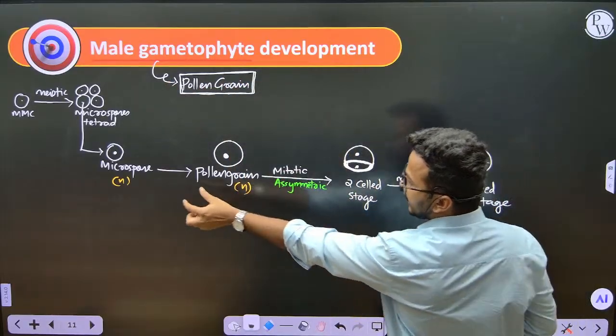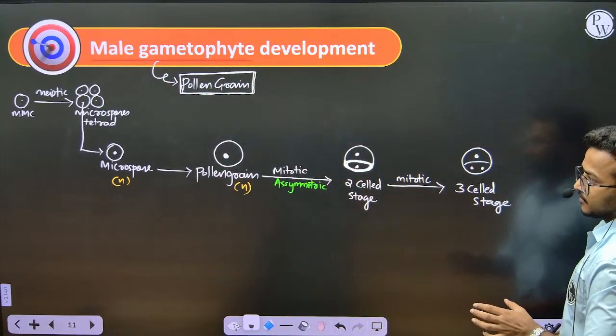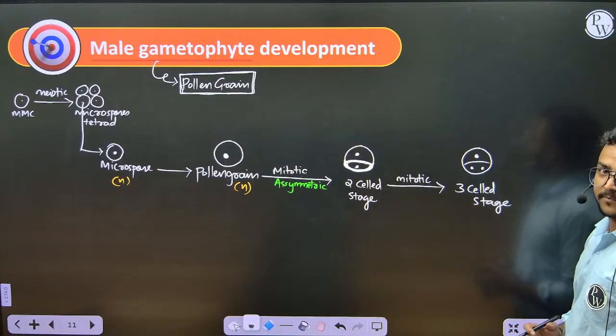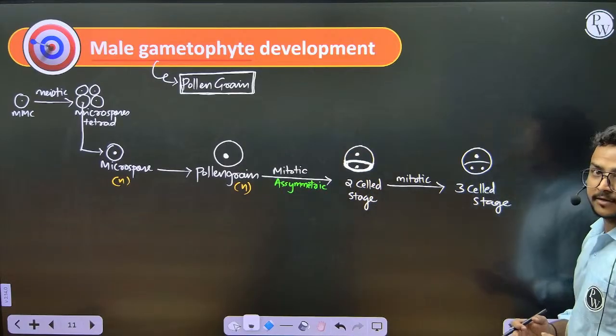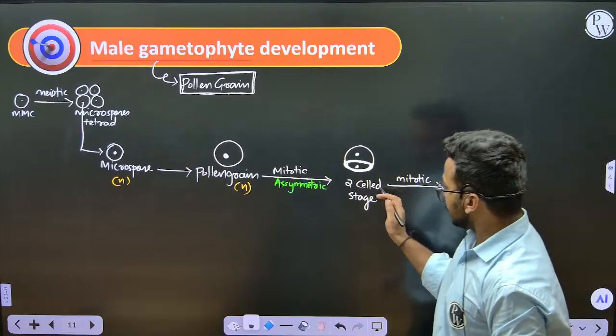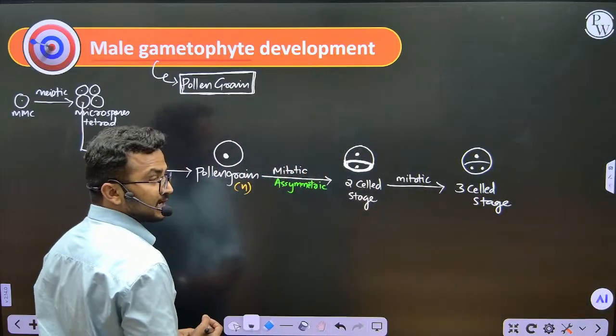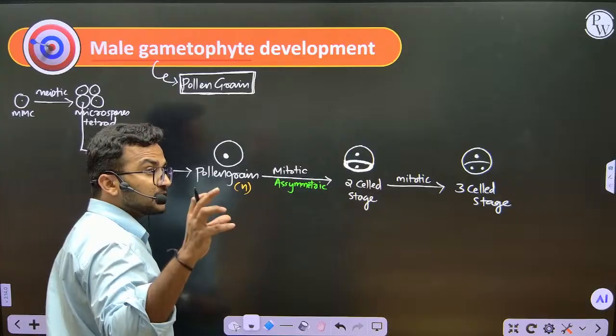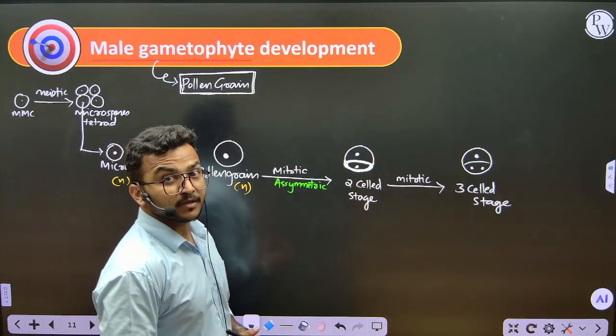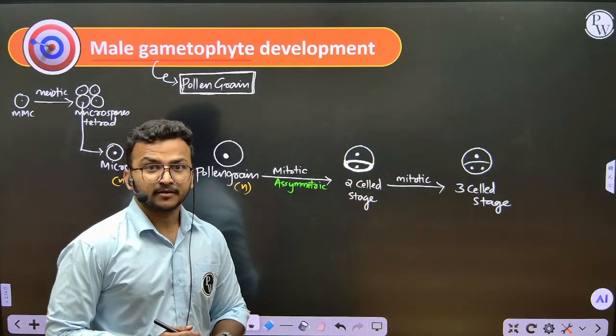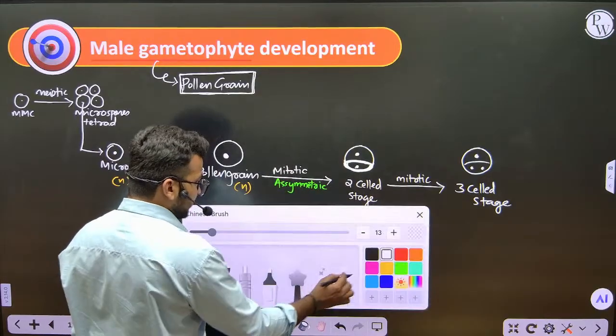So how does the male gametophyte develop? What divisions take place, and how are the divisions? The two-cell stage and three-cell stage will take place. Some angiosperms, I said, no?